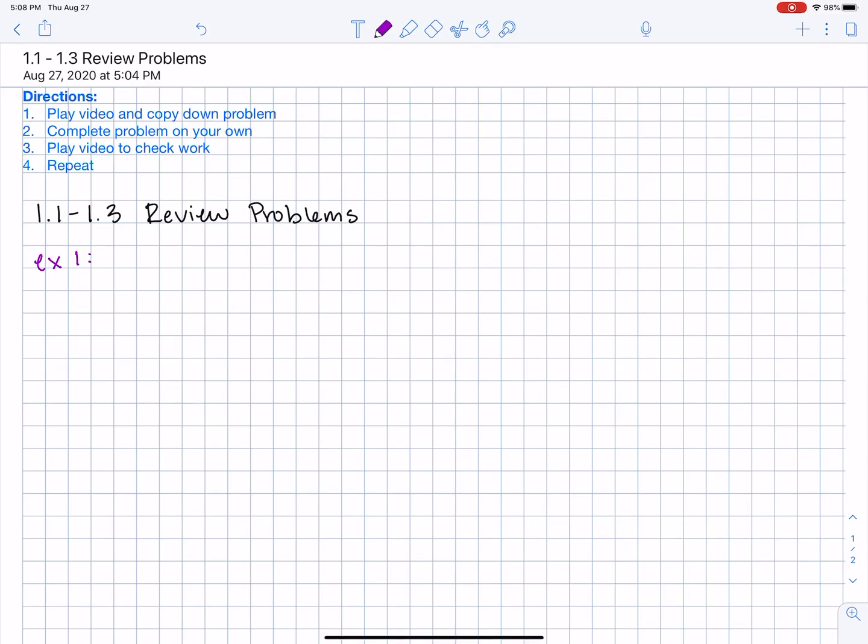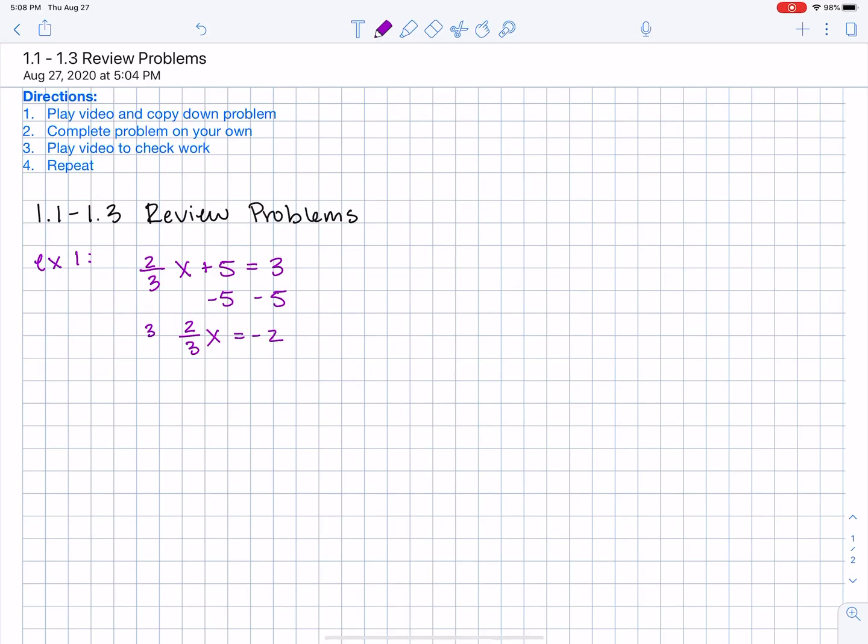Example number 1: 2 over 3 x plus 5 is equal to 3. You might have solved it like this with inverse operations, taking away 5 from both sides, getting you to -2.